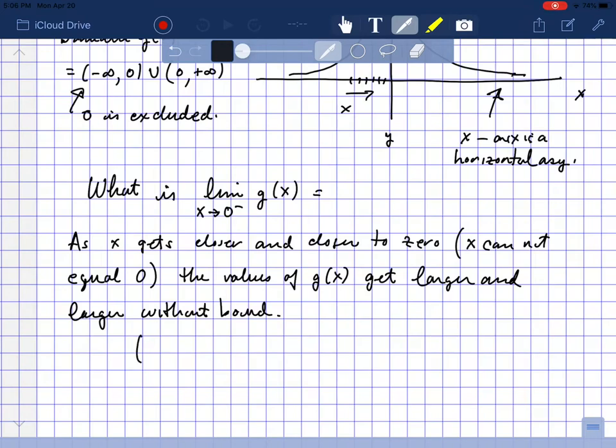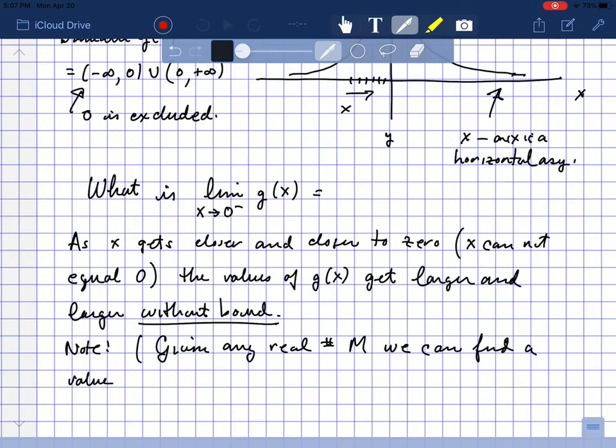So here I'm going to note that this without bound means that given any real number m, and here we're thinking of a large positive real number, we can find a value of x such that 1 over x squared is greater than m.